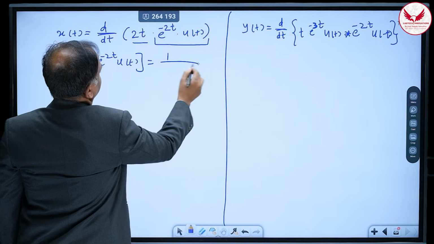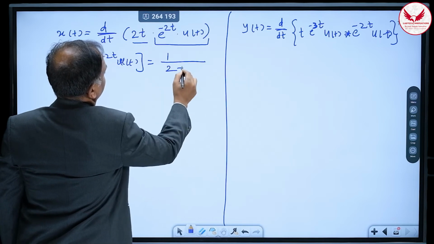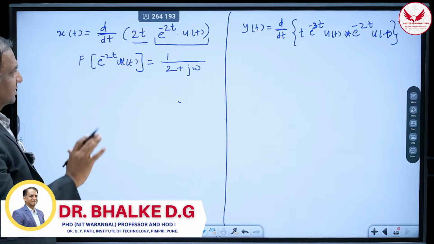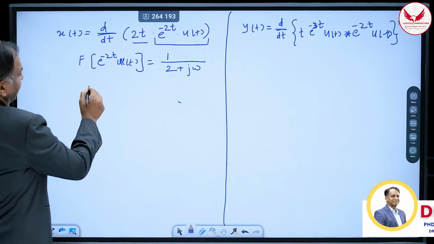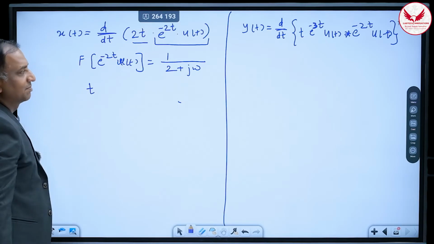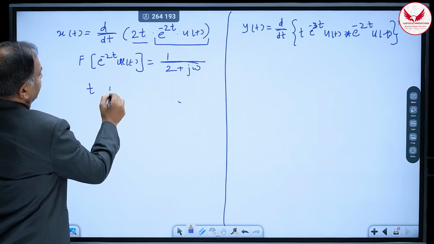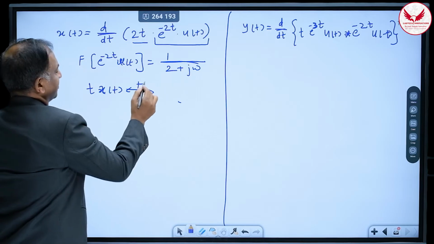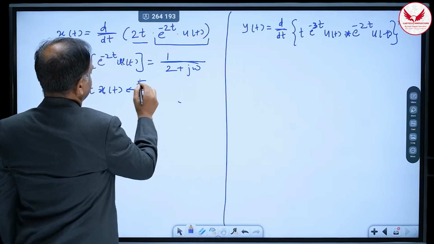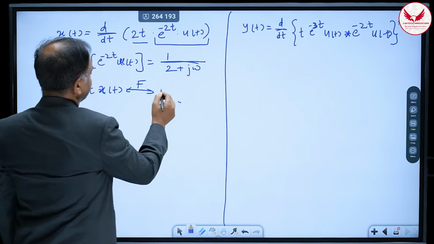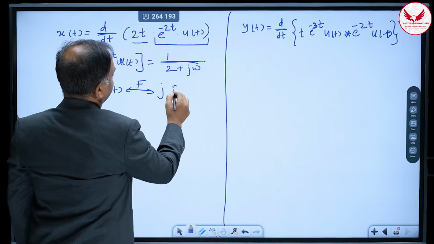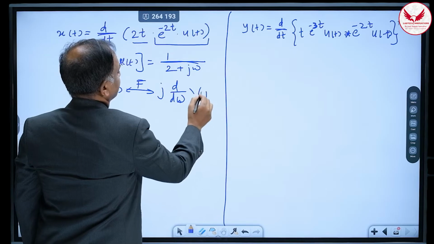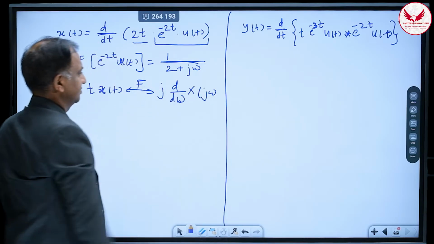is equal to 1 upon 2 plus j omega. That we know. Already it is a basic signal, you can write. Now you can write the property: if the signal is multiplied by t in the time domain, its Fourier transform is equal to j into d by d omega of x of j omega.